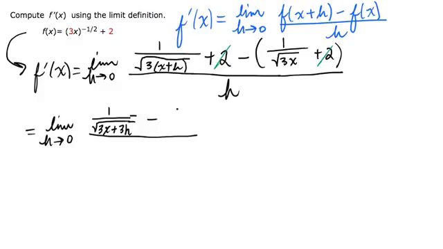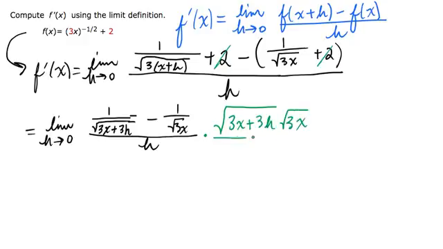Then we have minus 1 over the square root of 3x, and that's all over h. So I'm going to multiply this big fraction by the product of both of these denominators, radical 3x plus 3h times radical 3x, all over itself, so that I'm just multiplying by a fancy form of 1.